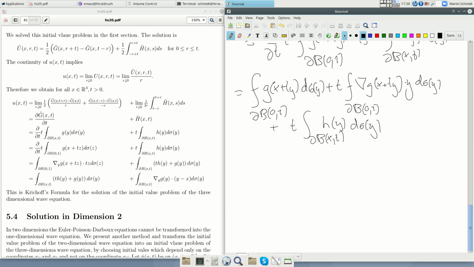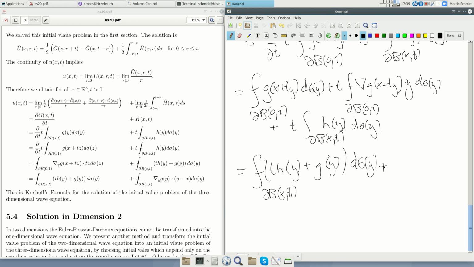Now we transform back, and then we combine these two terms. So we get this integral over the ball at x, t, and then we have clearly t times h of y plus g of y, and the whole thing integrated over this ball.